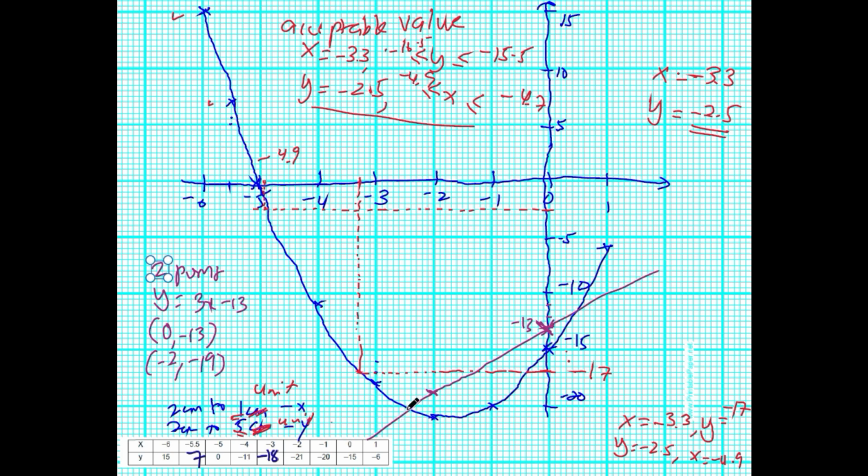So you can see the intersection of two graphs. The value of x of the intersection is this one.